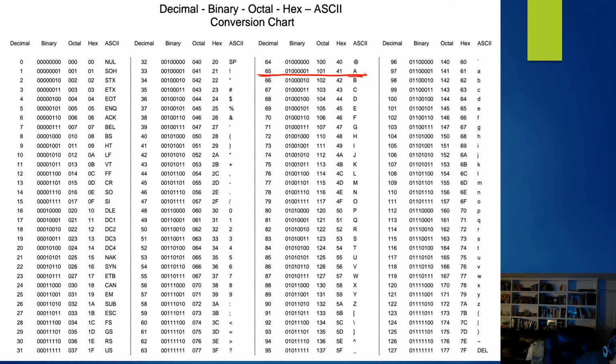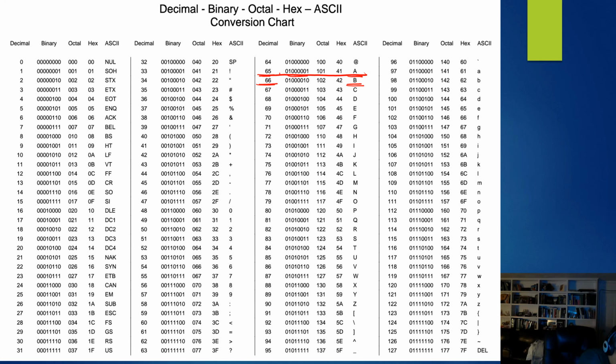Now the binary code is 01000001. Now B is the character next to A, so the ASCII code is 66, which is one more than 65.